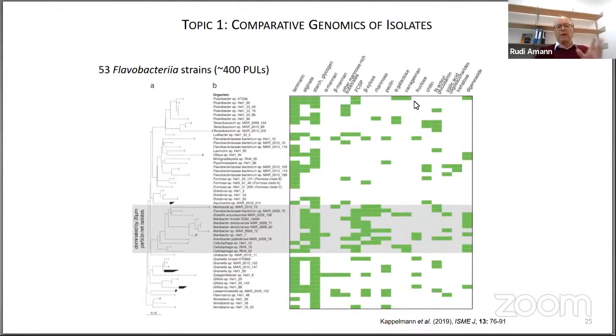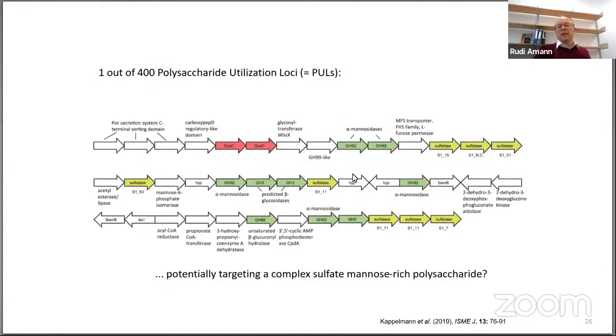But overall, we found some 400 PULs, and we could say that isolates obtained from particles on average have more PULs per genome than those obtained from surface water. That was one thing. And the second thing was that you now have not single genes that you look at, but you have loci. And those loci, once again, are built with the transporter SusCD, maybe some regulation of the transporters, and then a particular combination of GH92.